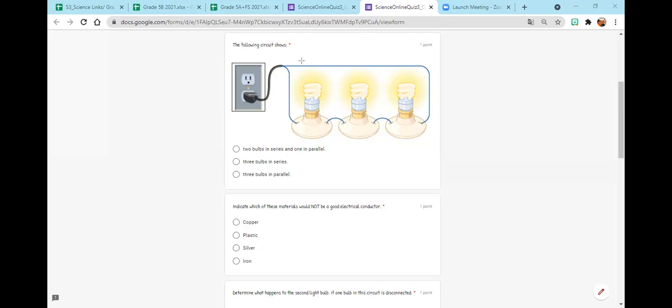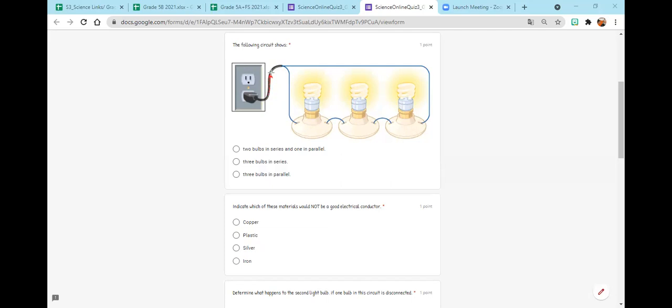Are these 3 bulbs in series or in parallel, or are there 2 bulbs in series and 2 others in parallel? What do you think? Three, all in series. Okay, let's see.